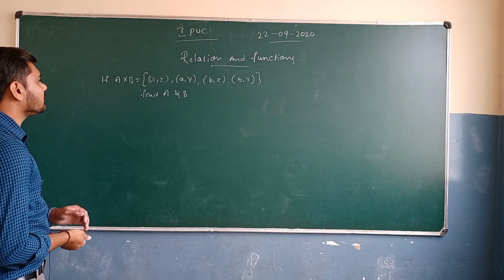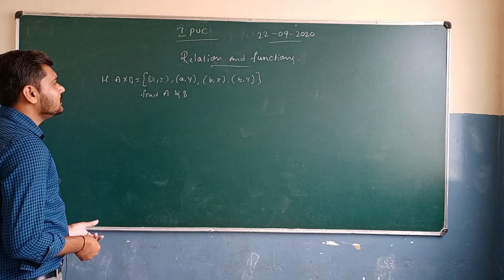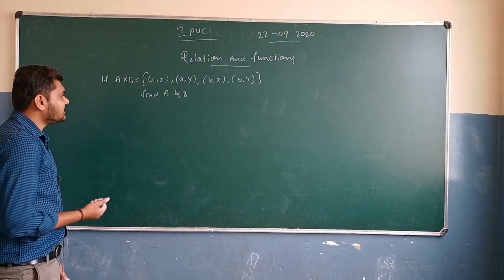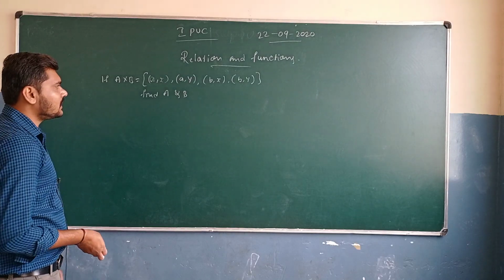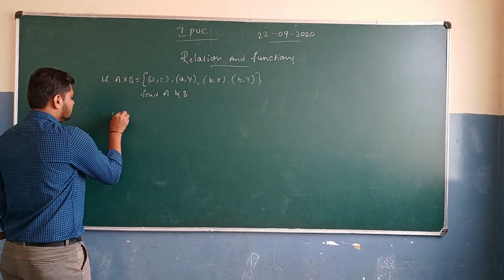They have given the sets in the Cartesian product: A comma X, A comma Y, B comma X, B comma Y. These are the elements present in the Cartesian product A cross B. So we need to find the set A as well as the set B. Now pay attention. So, solution.